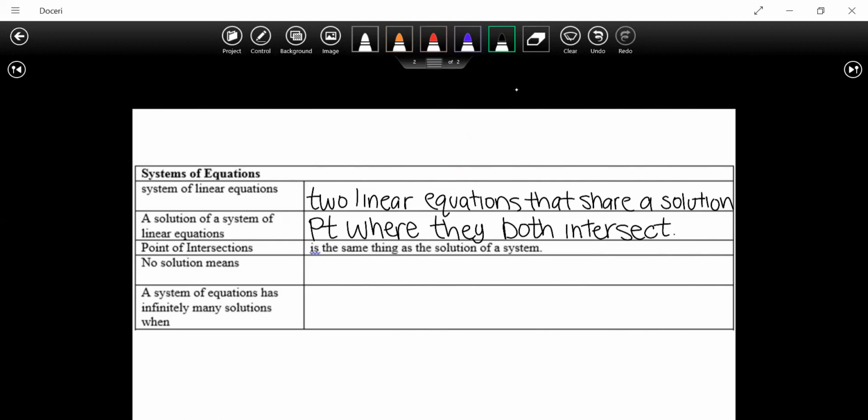No solutions, which we're going to talk about today, means that the lines never intersect.